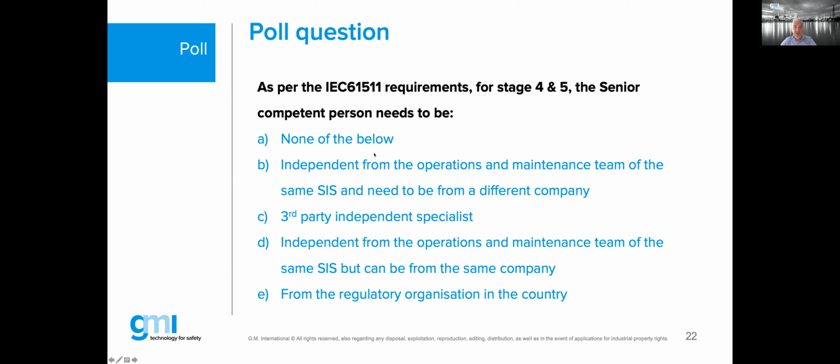In the meantime, I will read the question for everyone that came in during the first couple of slides. Regarding the independency of the FSA team, is it not true that for a high SIL level, for example SIL 3, independency is also required from the design company?